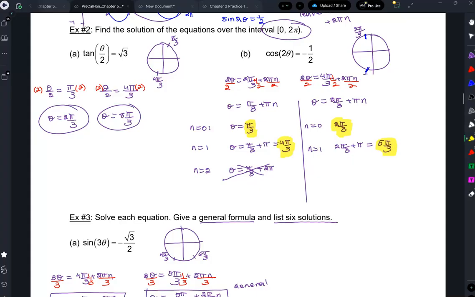Well, if it was cosine 3 theta, yes, correct. Would you get... it was like 1/2 theta. That would be half as much. So one answer.